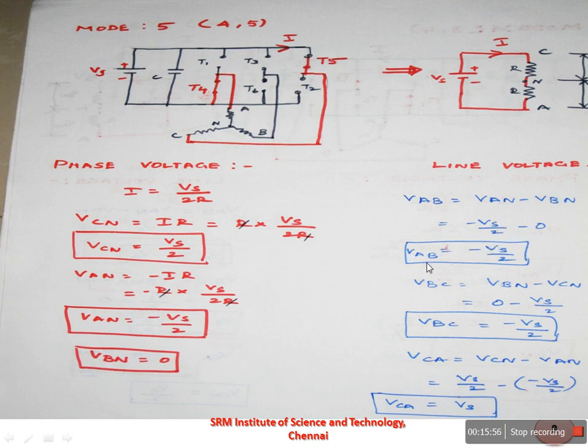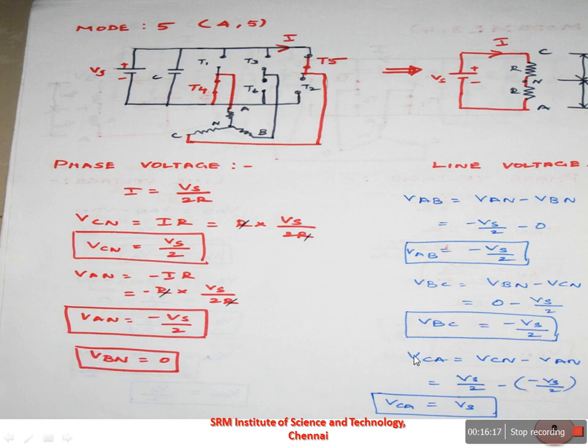To solve this, we will get VAB is equal to minus Vs by 2. Similarly, we can calculate VBC. VBC is equal to VBN minus VCN. We can substitute the value of VBN here, minus VCN, which is Vs by 2. Therefore, we will get VBC is equal to minus Vs by 2.